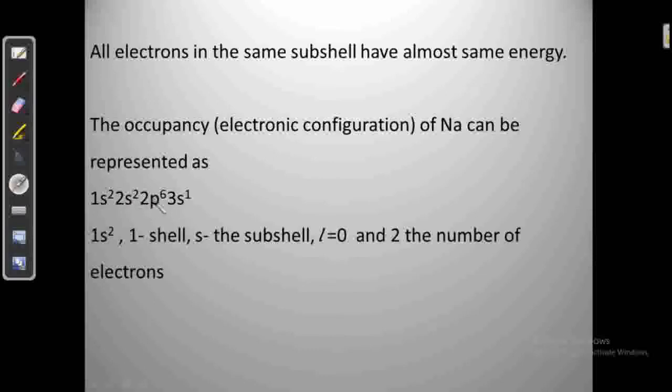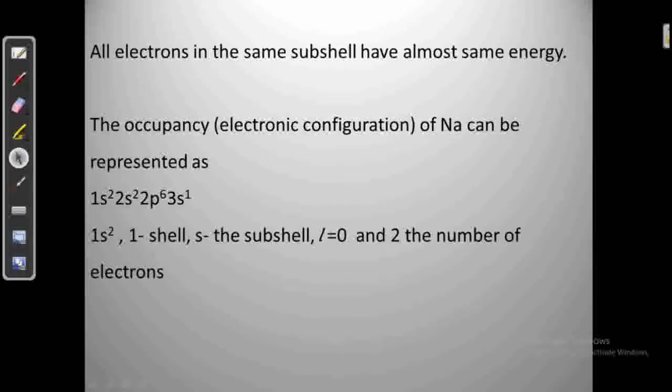So there is a total of 8 electrons in the shell n equal to 2. That is 2 plus 6: 2s2, 2p6 contains a total of 8 electrons. Then for n equal to 3, we will come to the example, and then you can understand it clearly and calculate the total number of electrons accommodated in a shell.